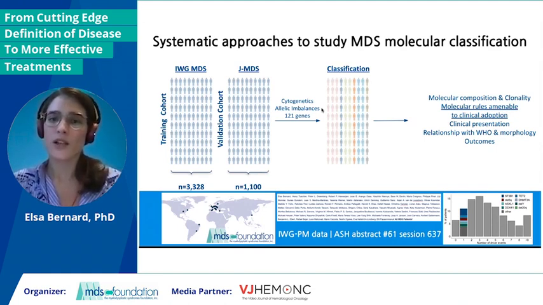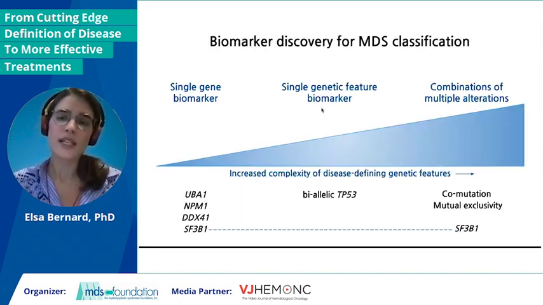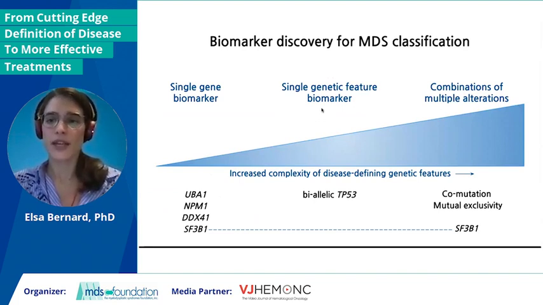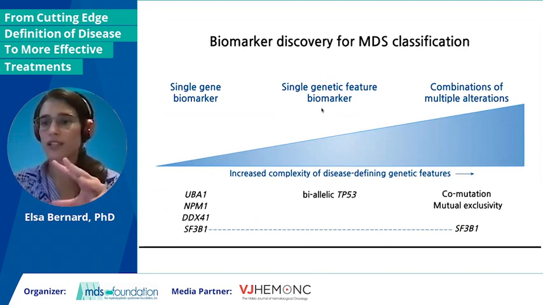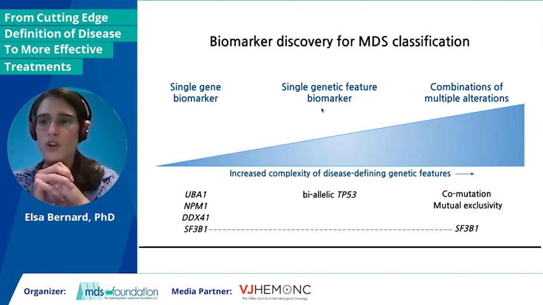We question the clinical relevance of molecular classes with regard to their association with clinical presentation, morphology, WHO classification, as well as outcomes. What is clearly emerging from this exercise is that the disease-defining markers that define molecular classes are diverse and vary in their complexity, ranging from single gene markers, to single genetic features that extend beyond the wild type or mutated status of a gene, to more complex definitions involving co-occurrence and/or mutual exclusivity between different gene mutations or cytogenetic alterations.